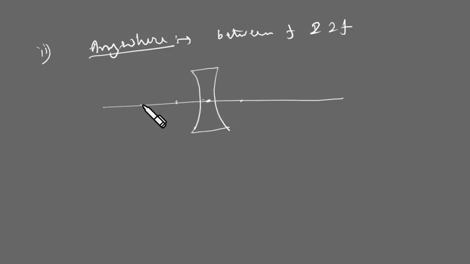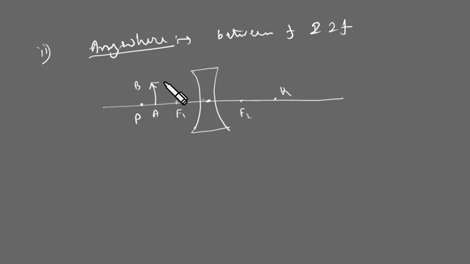This is the optical center. So let's say this is F1, this is P, F2, this is Q. Okay, so let's keep the object between F and 2F somewhere here, A, B.